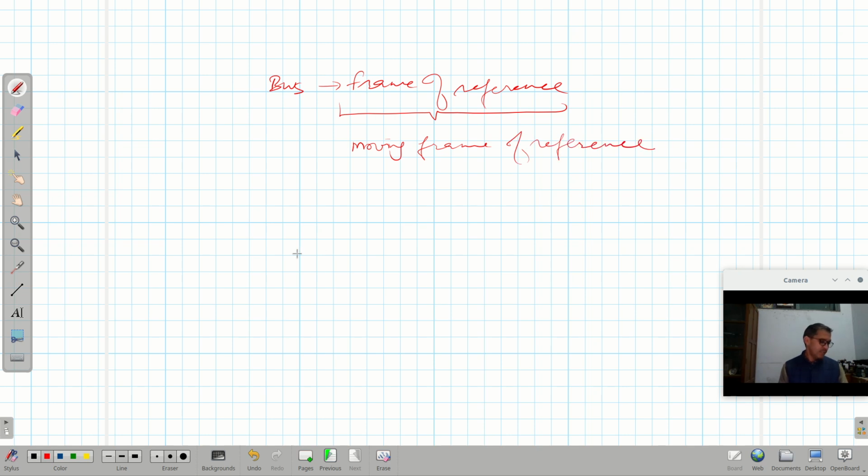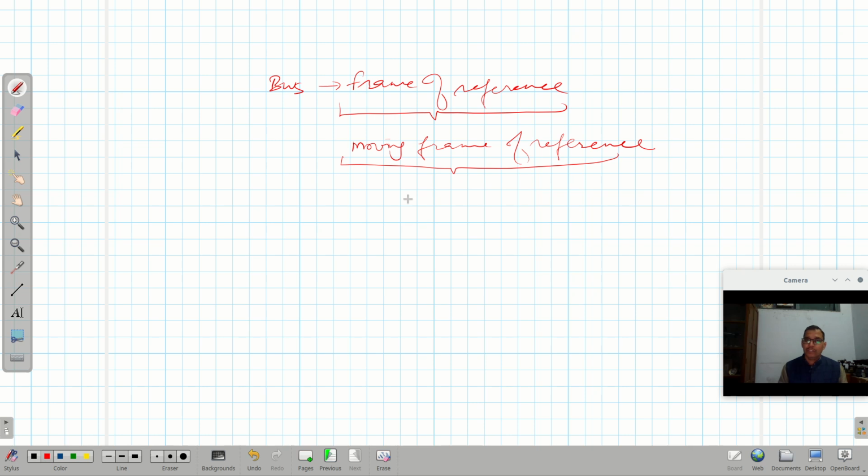So let us try to understand it. As I have seen in the earlier examples, this moving frame of reference is supposed to apply certain force on the body. It is not moving with a uniform velocity but with a non-uniform velocity.